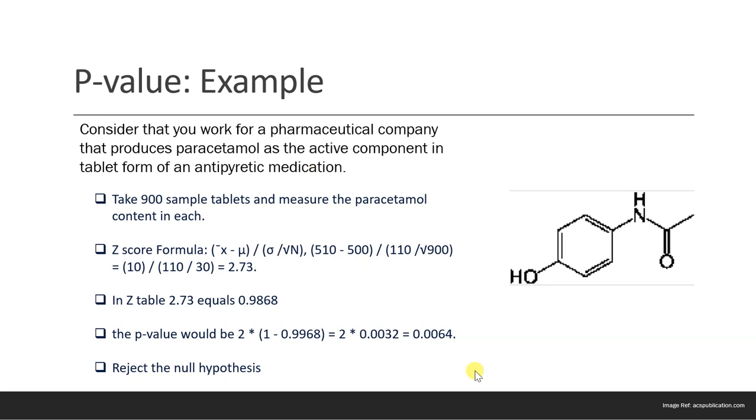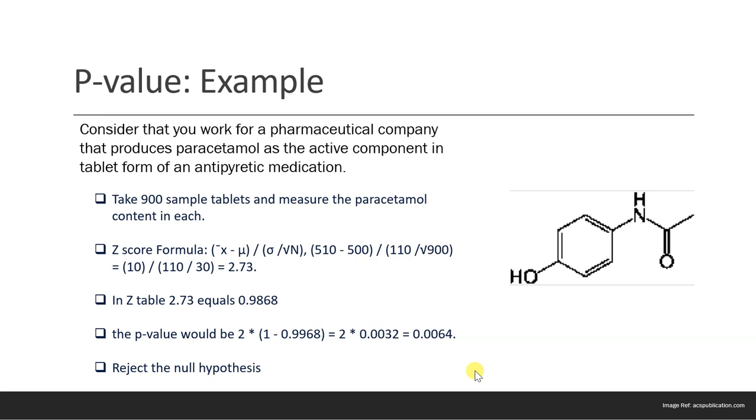So the amount of paracetamol deemed safe by the drug regulatory authority is 500 mg. If the value of paracetamol is too low, it will make the drug ineffective and become an issue for your company. Okay, on the other hand, a value that is too high would become a serious regulatory issue.